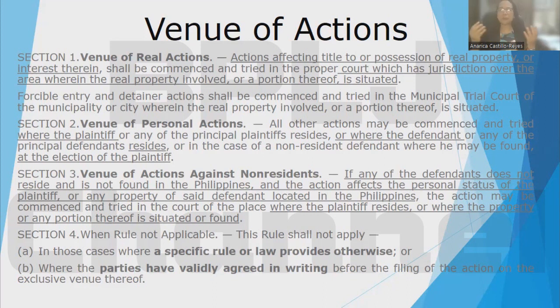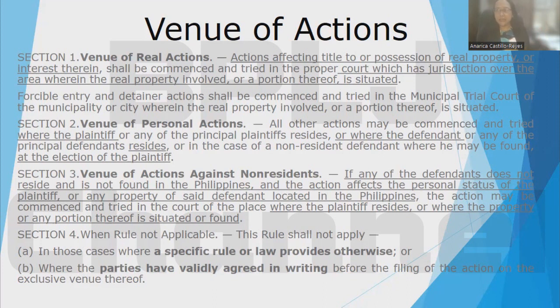So with respect to actions quasi in rem, it is an action involving the personal status of the plaintiff or any case involving a property located in the Philippines.